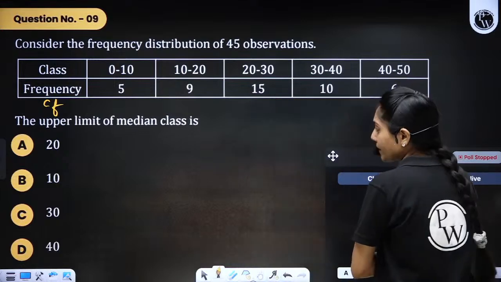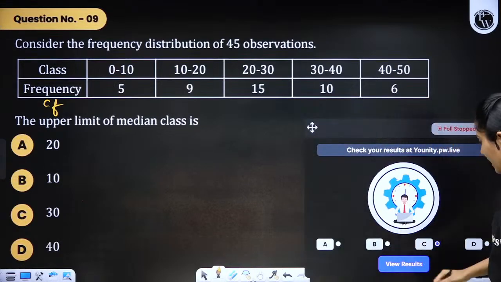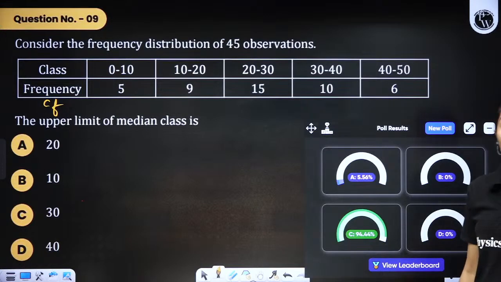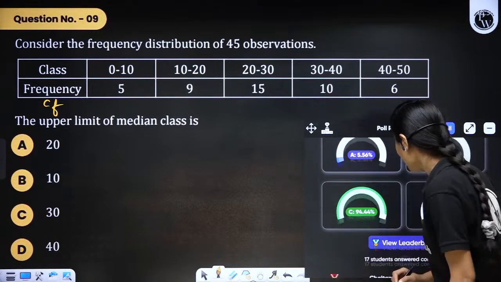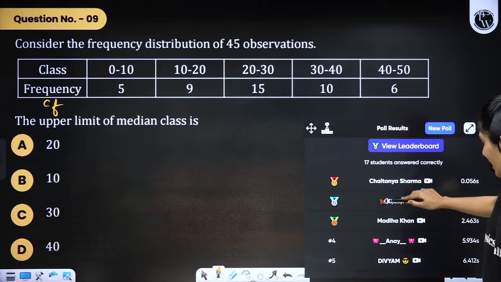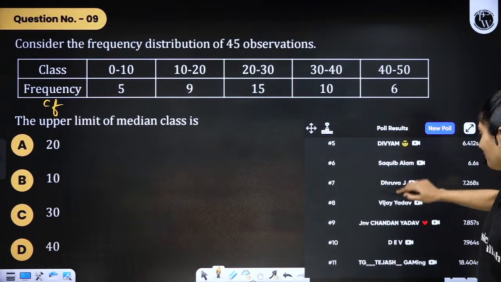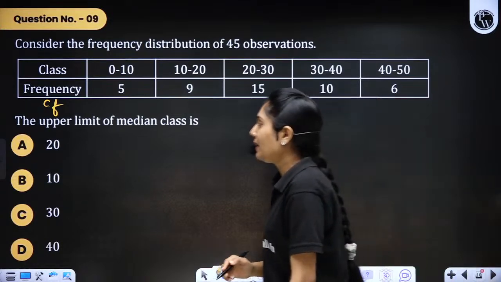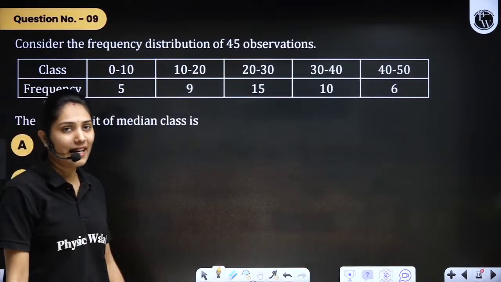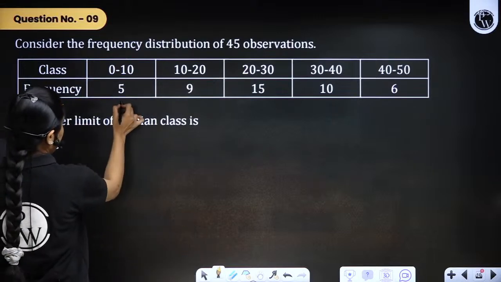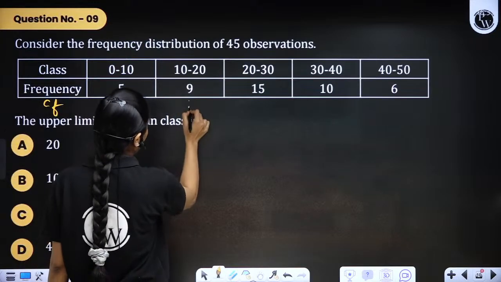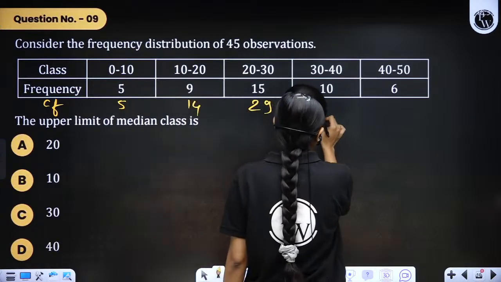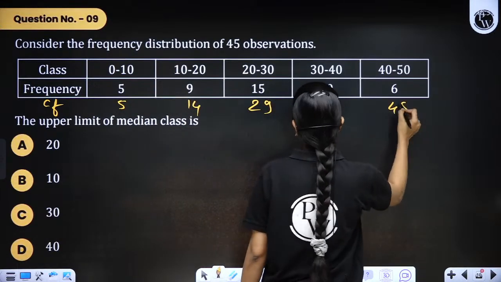Okay, so option number C is absolutely correct, which is 30, and 94% of you are correct. Very good, Chaitanya, Khushi, and Madiha. Okay, so if we calculate the cumulative frequency, less than type, it will be 5, then 9 plus 5 is 14, 14 plus 15 is 29, then 29 plus 10 is 39, 39 plus 6 is 45.